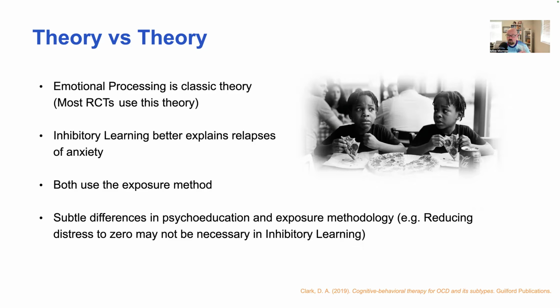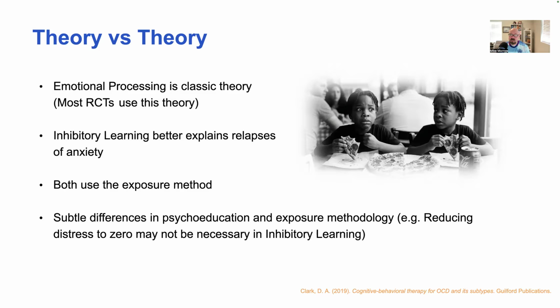And what's important in that is that when they ran those trials, much of those trials were using the classic emotional processing theory. But inhibitory learning is a better explainer for relapses of anxiety. Classic exposure therapy through emotional processing doesn't quite explain why people relapse, why people have anxiety come back for those same triggers.